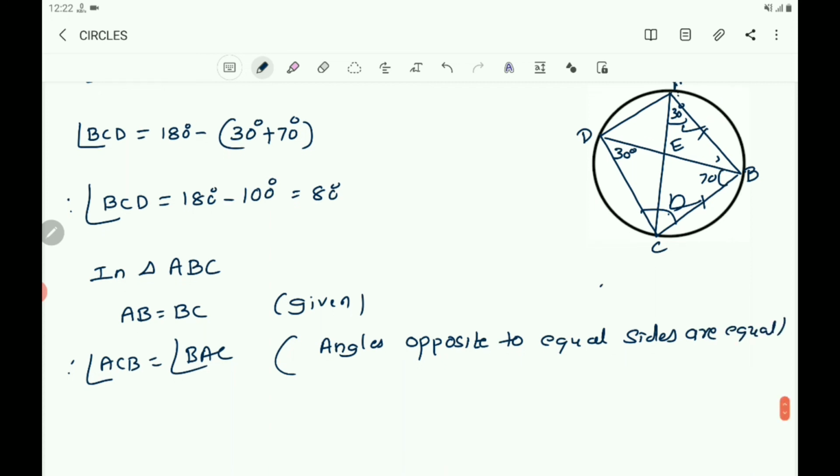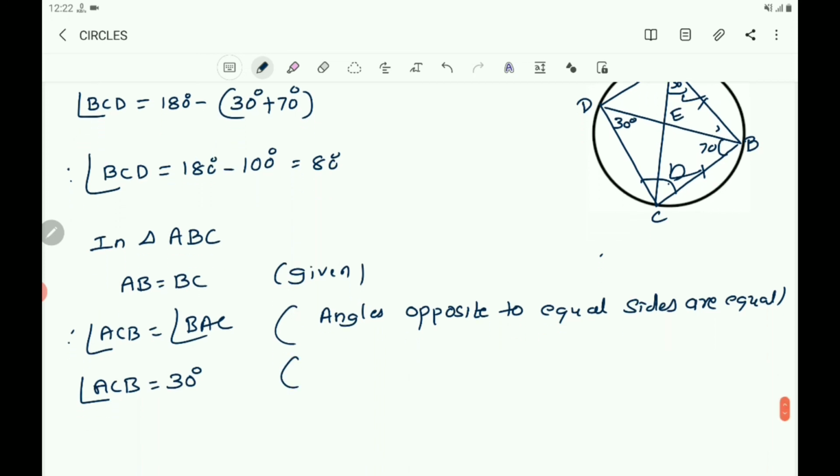So you write, therefore angle ACB is equal to how much? Because BAC is 30 degree, this is also 30 degree. Angle ACB equals 30 degree because angle BAC equals 30 degree, given.